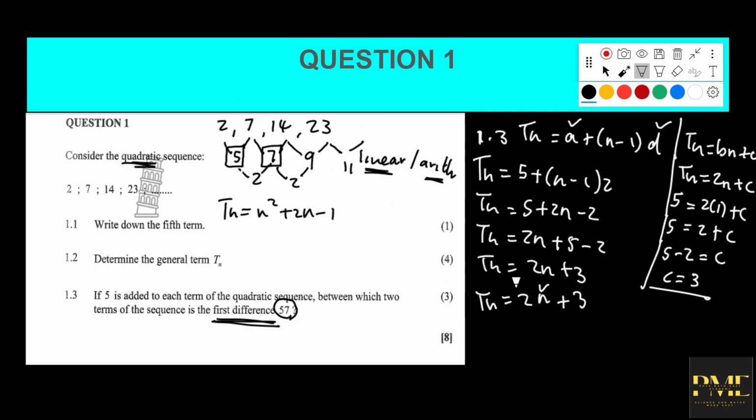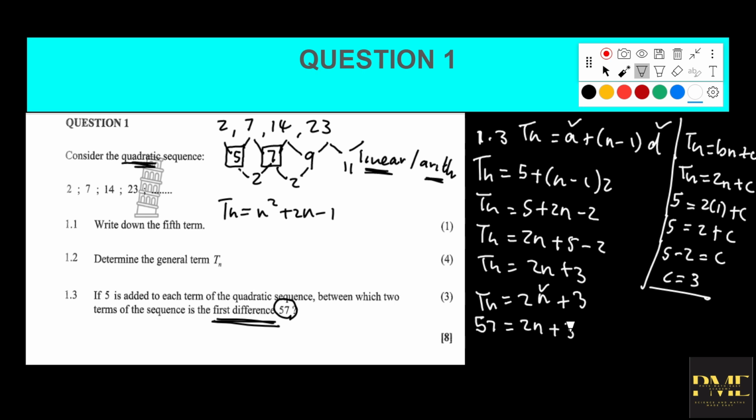So basically we see here that we take this 2n + 3 and equate it to 57, because the first difference 2n + 3, which is an arithmetic or linear sequence, equals 57. So we have 57 on this side being equal to 2n + 3, and then we can solve for n.